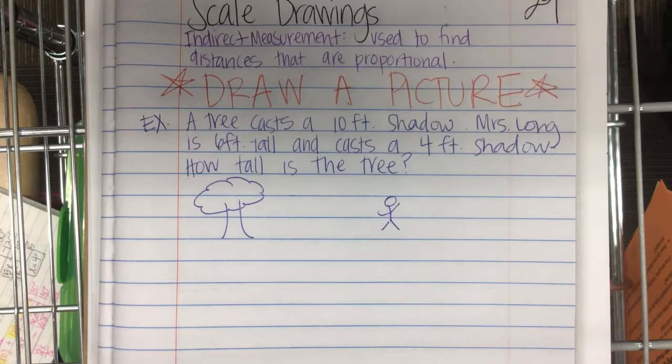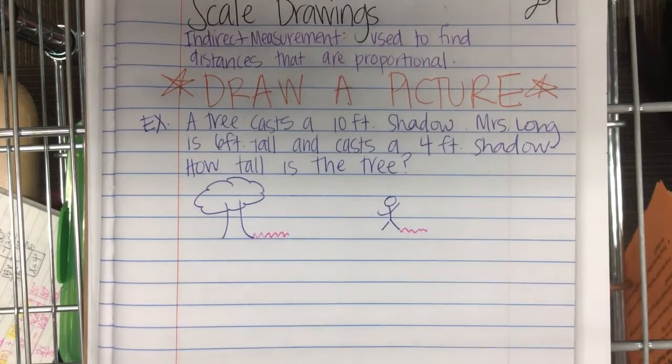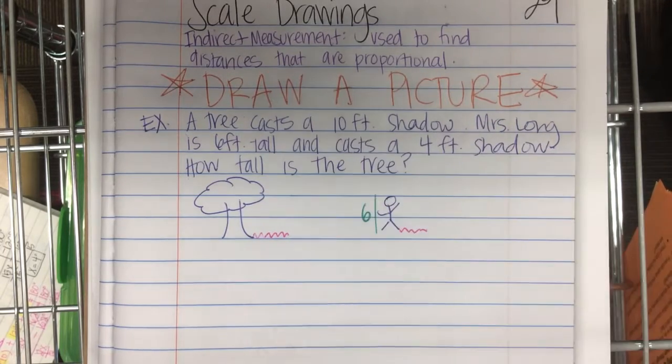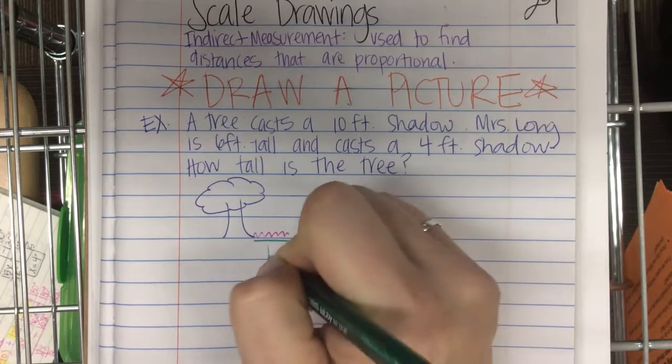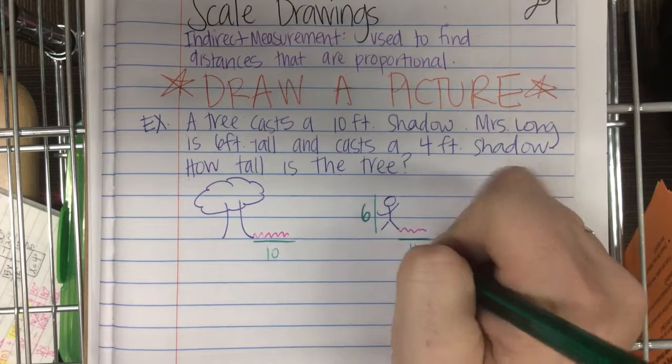I know that there are shadows, so I'm going to draw a shadow in. I know that Mrs. Long is 6 feet tall. The tree's shadow is 10 feet, and my shadow is 4 feet.